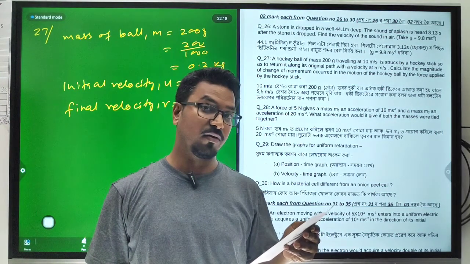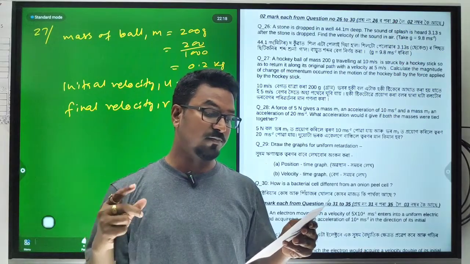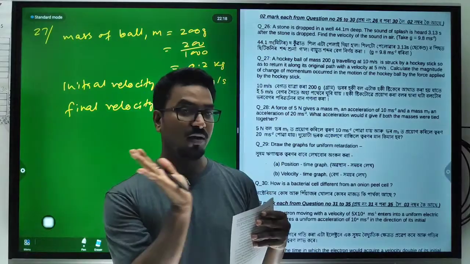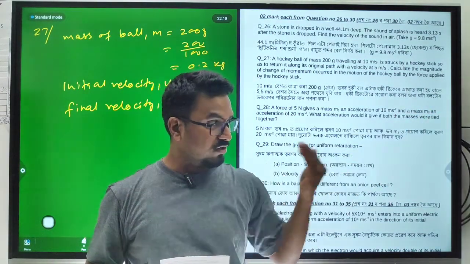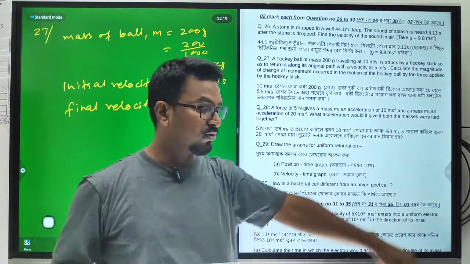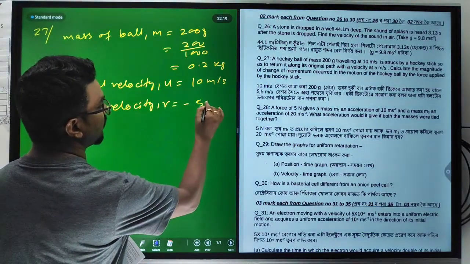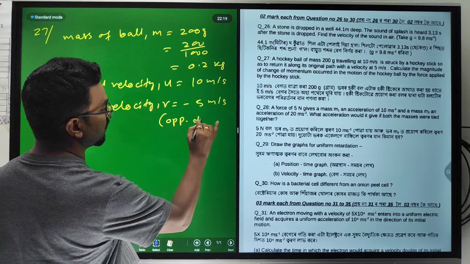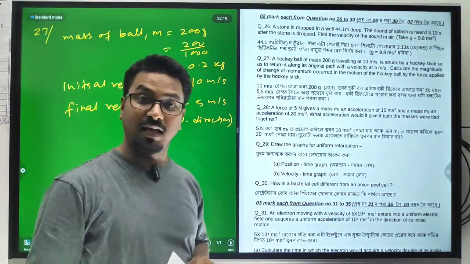The ball came with an initial speed of 10 meter per second, then the stick hit it back, so it is moving along the same path with a velocity of 5 meter per second, but in the opposite direction. So it will be minus 5 meter per second, because of the opposite direction. So the final velocity will be negative.